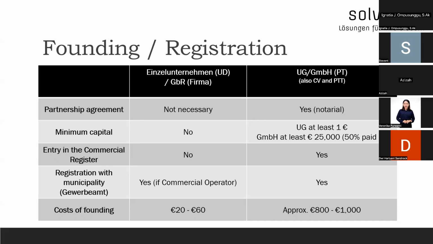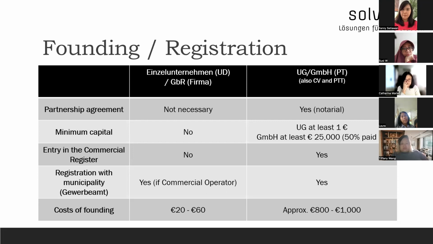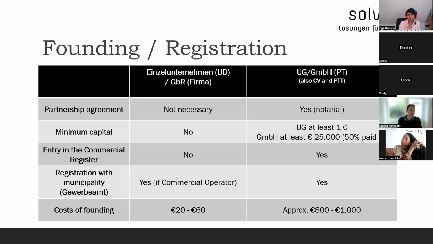What's also important is the commercial register. An Einzelunternehmer is not registered in the commercial register. You could do that if you want, but it's not necessary. You could register as a Kaufmann in the commercial register, but of course it means more fees and more regulations.